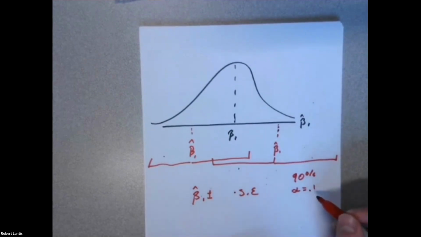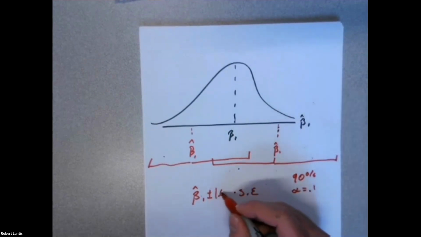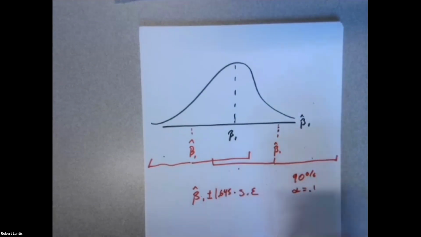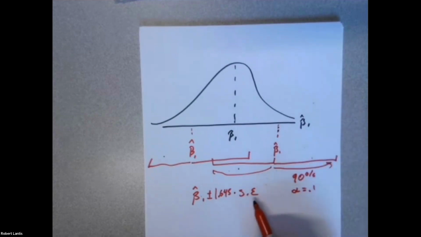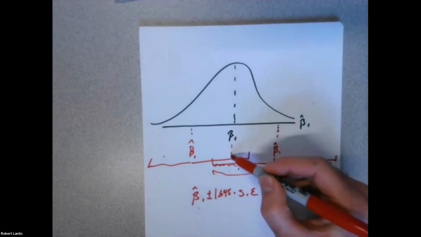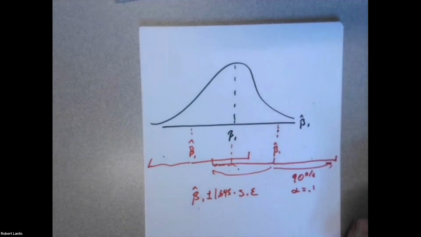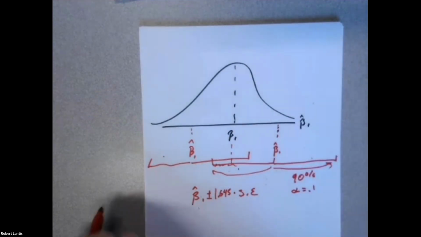So if I look at my standard normal value that approximates that, it's about 1.65. I think in the Stata file, I go out to the third decimal. So if I go 1.645 standard deviations, or standard errors, to the left and the right of that slope coefficient estimate, 90% of the time, I'm going to have a confidence interval that includes whatever the true value would be if I had the population data.